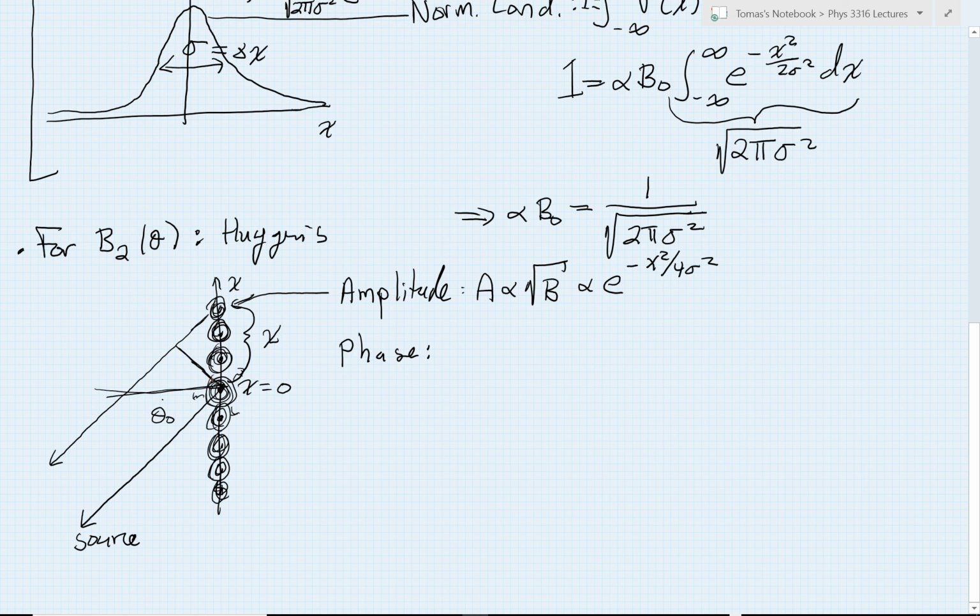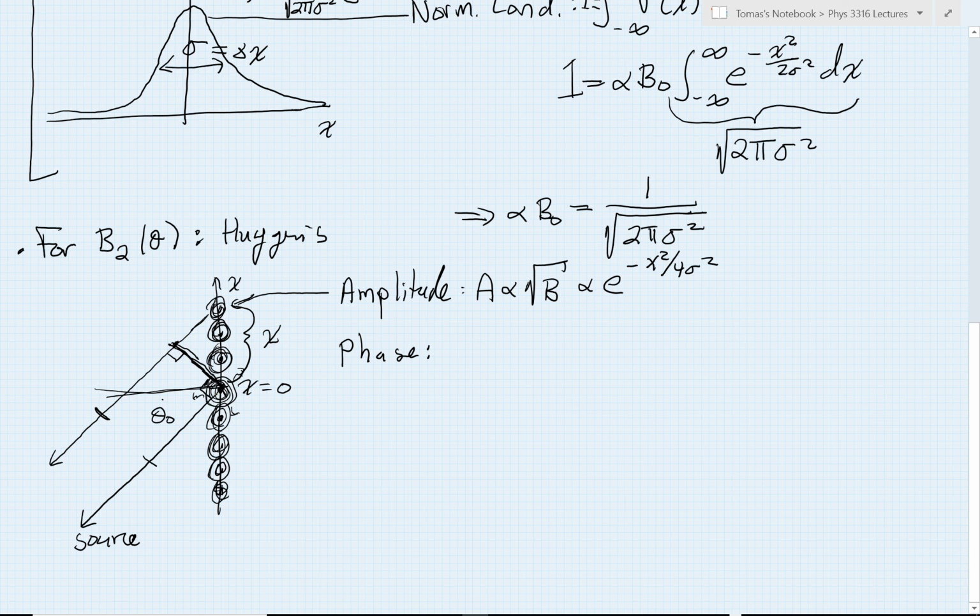We drop a perpendicular like this, and that perpendicular, if you recall, when the source is very far away, as is ours, is actually a segment of a circle of constant radius r. So we know that this path length up to this point here and this path length up to this point here are equal to each other.